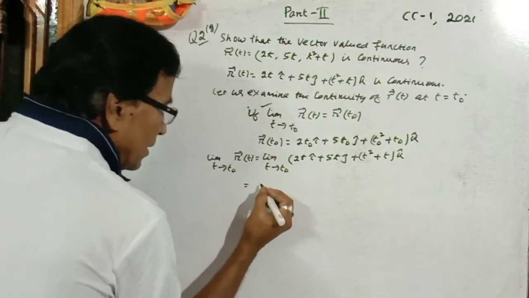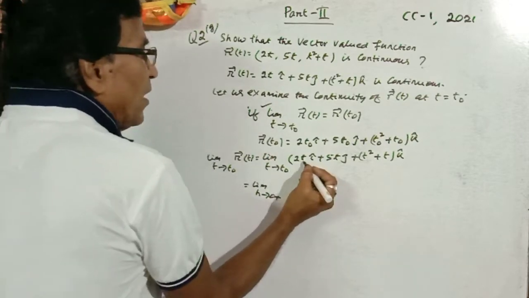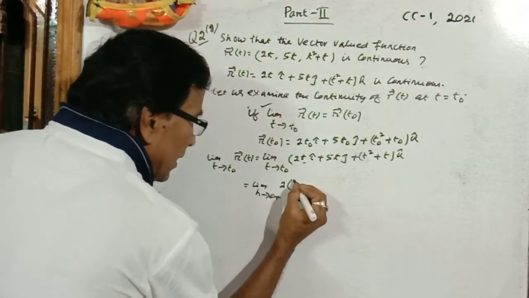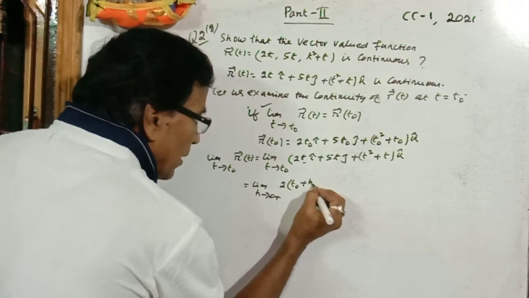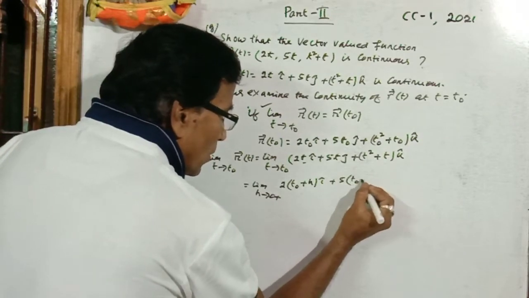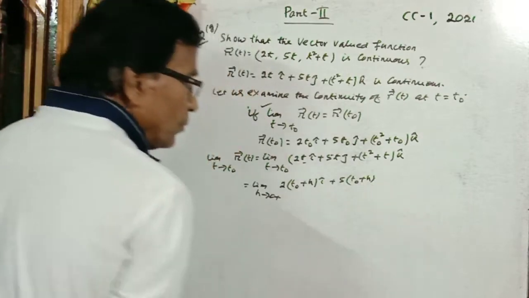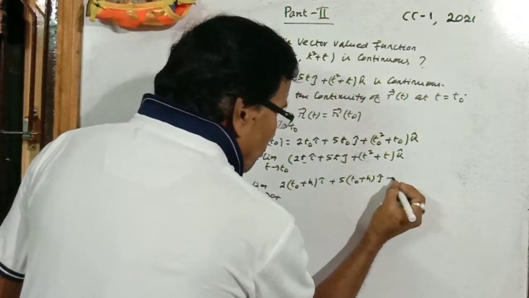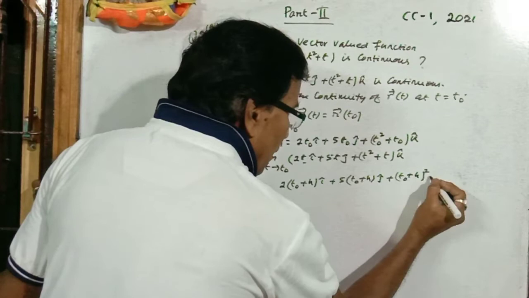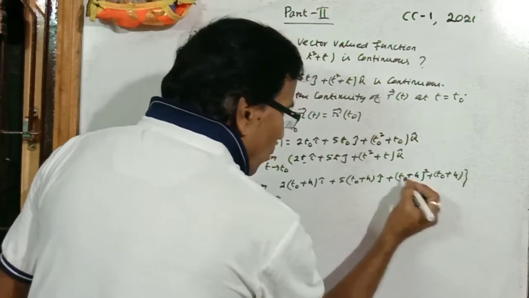Now we can take limit h tends to 0 plus, and instead of t, we can put t0 plus h. So it becomes 2 times (t0 + h) whole into i cap plus 5 into (t0 + h) into j cap plus ((t0 + h)^2 + (t0 + h)) whole into k cap.